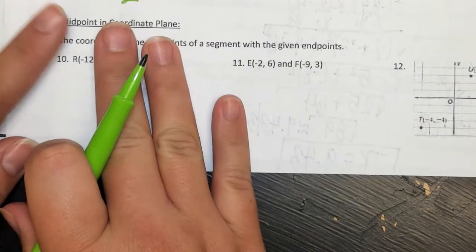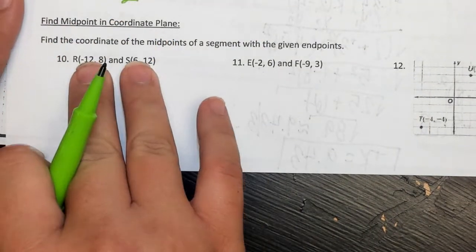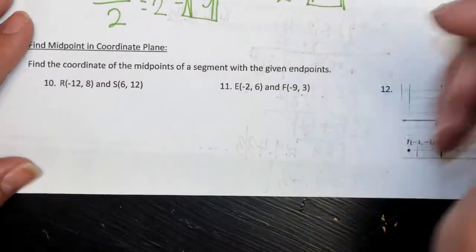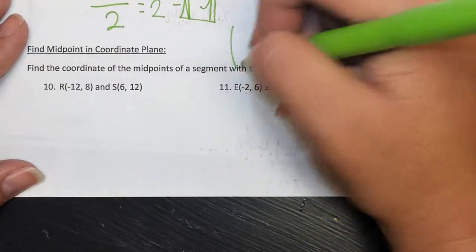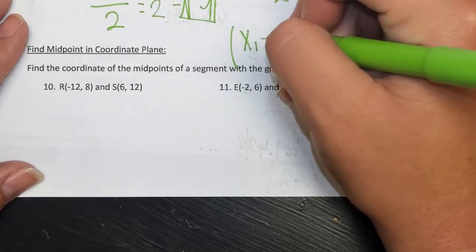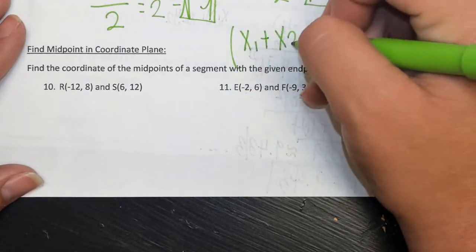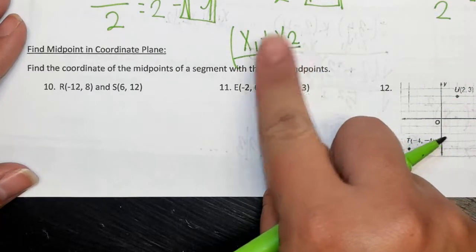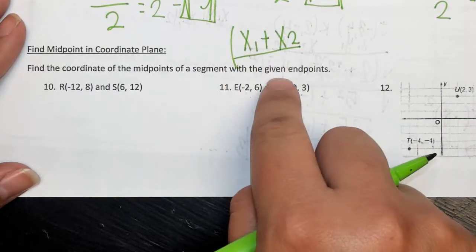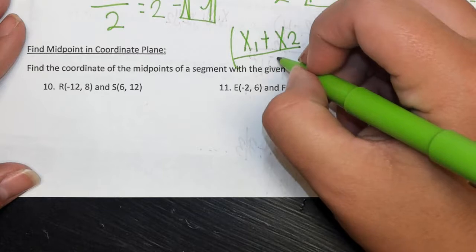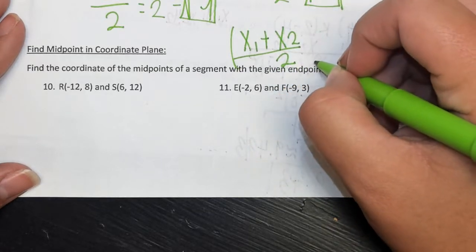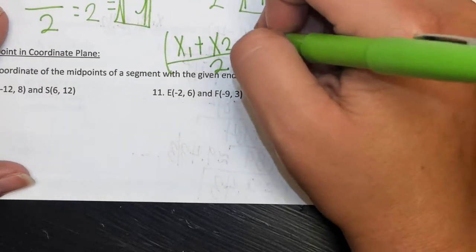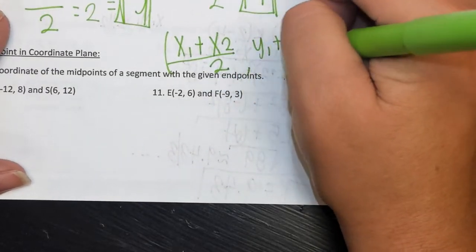All right, now, the next part's not too bad either. Now we have a coordinate plane. We have 2 points, and we have to find the middle of both of them on a coordinate plane. So here's your formula. You take your x's, and you add them together. How many numbers am I adding together? 2. So guess what I'm dividing by? 2. So take your x's and add them together. Take your y's and add them together.